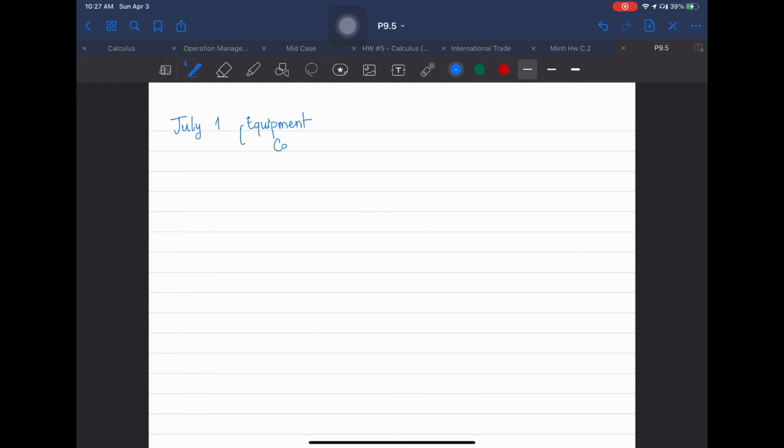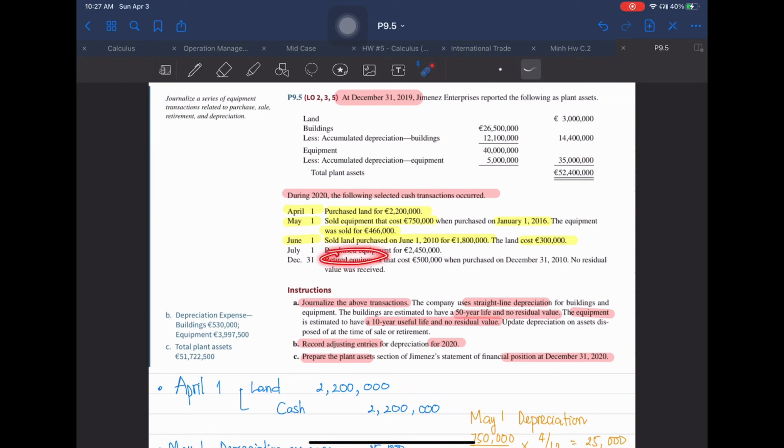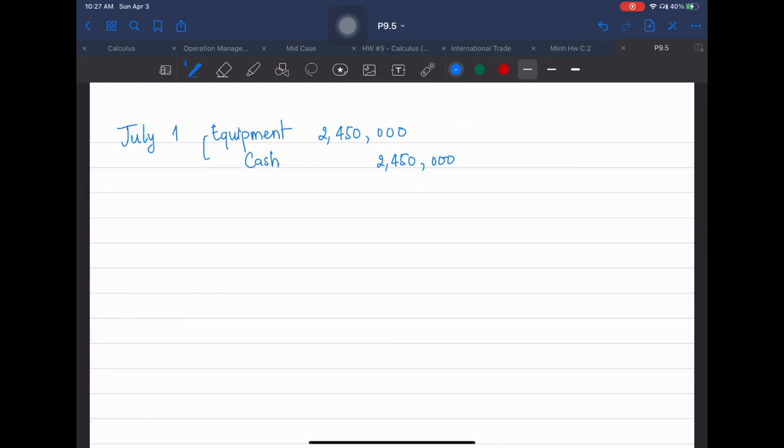Okay, July 1st, equipment and cash. This one is not really hard. Just remember which one is on the debit side and credit side. 2.450. Okay. And for December 31st, a little bit complicated. We need to use many accounts. First, we just determine the depreciation expense of 50,000 and accumulated depreciation of equipment is also 50,000.